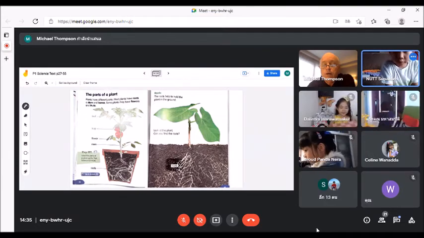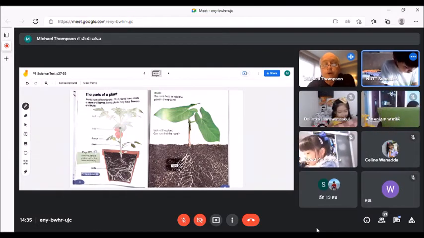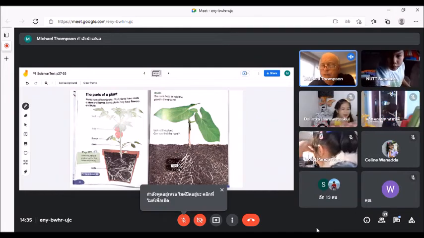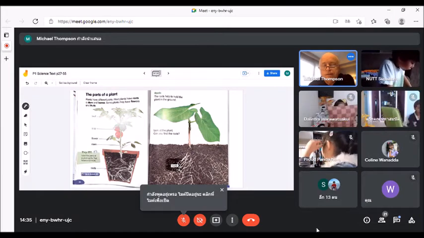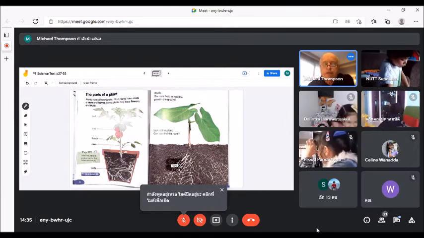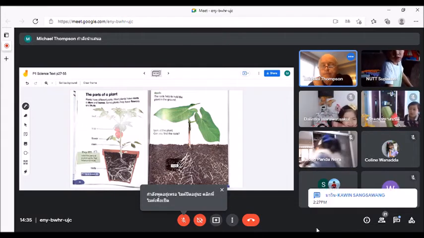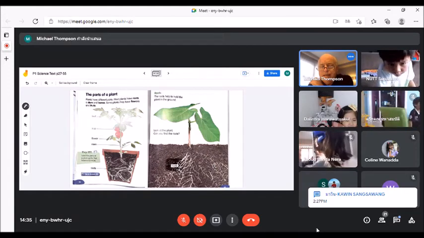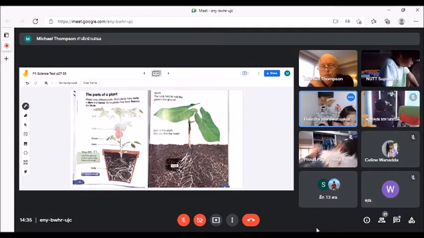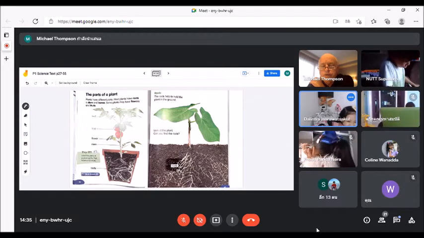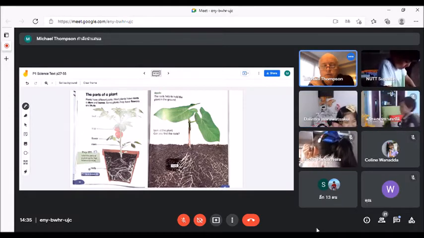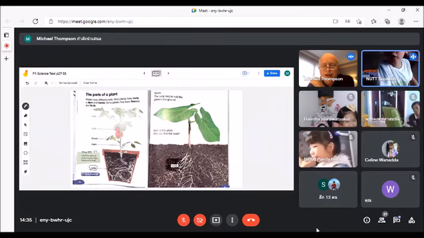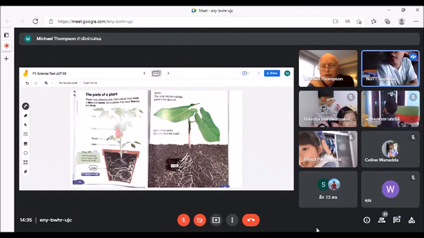Yeah, these are all parts, but what do roots do for a plant? Why does a plant have roots? Anybody know? Yes, these are roots. Why? They are roots. But what do they do? And why are they under the ground?